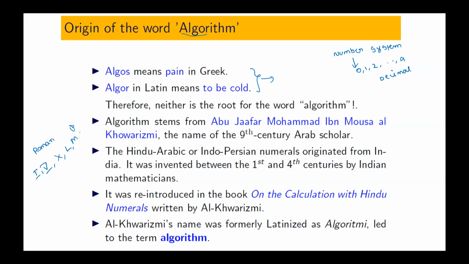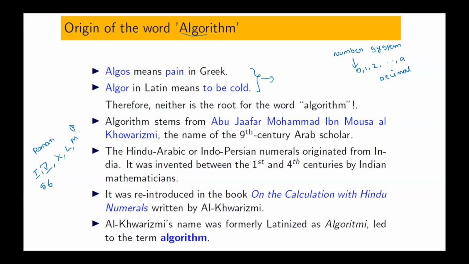The decimal system is much easier. Performing multiplication is very easy in decimal. In Roman, first of all, to represent a number itself we struggle. If you want to represent 56, that itself is a big task. Forget about doing calculations. Still, that was the more popular system then.